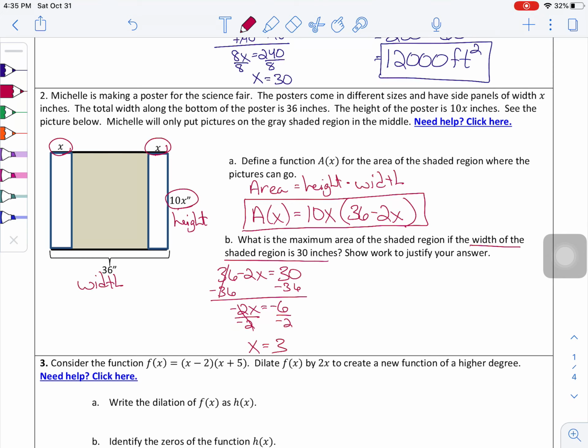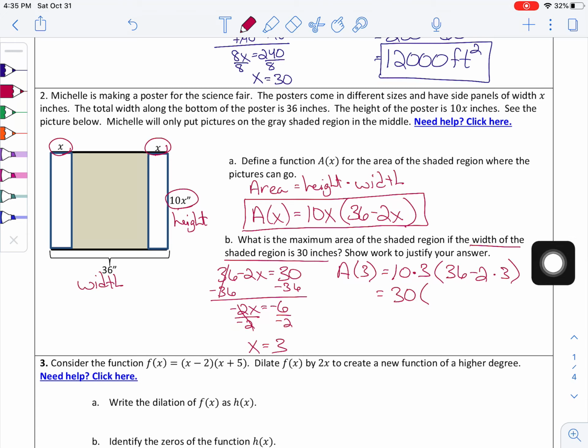Again, that x value is not the answer. You're not done, but we're now going to use this x in this area formula. So A of 3 is equal to 10 times 3 times, whoops, hold on. Try that again, 36 minus 2 times 3. Okay, let's break this up in pieces. 10 times 3 is 30.